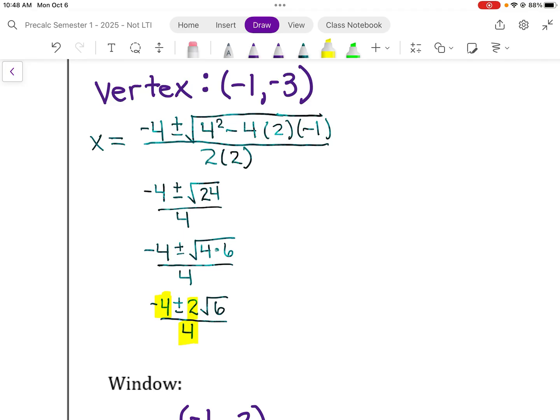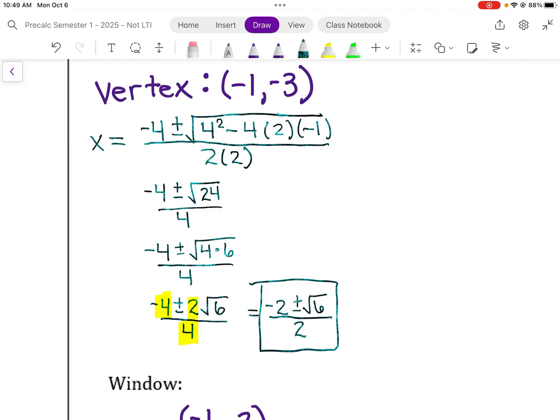So negative 4, 2, and 4 are all divisible by 2. So that becomes negative 2 plus or minus the square root of 6. I said 6, wrote 2. That's not good. Here we go. It is 6, all over 2. That's where the 2 went. Okay. So these are my roots.